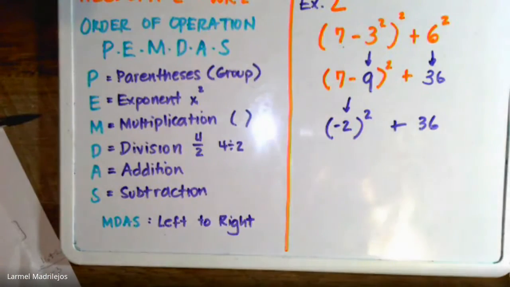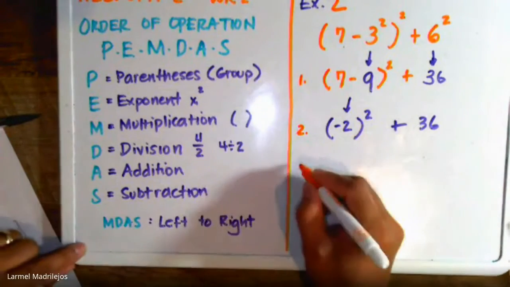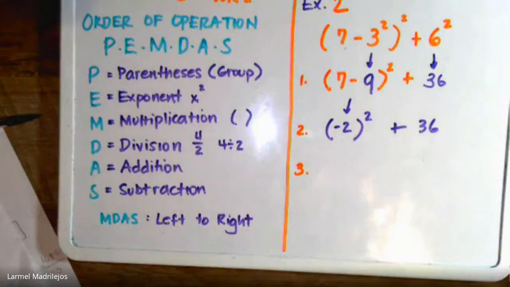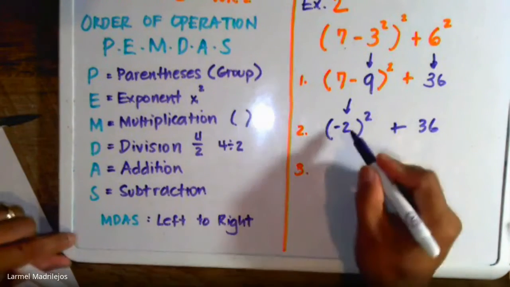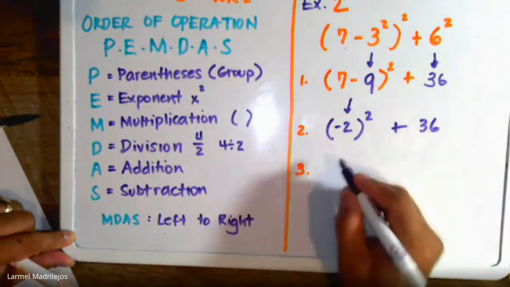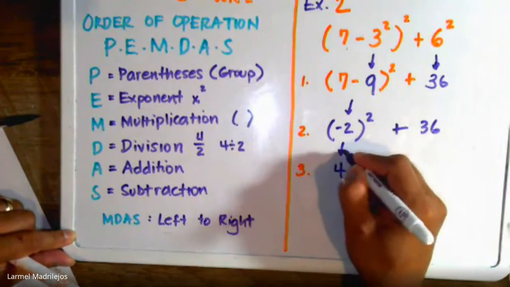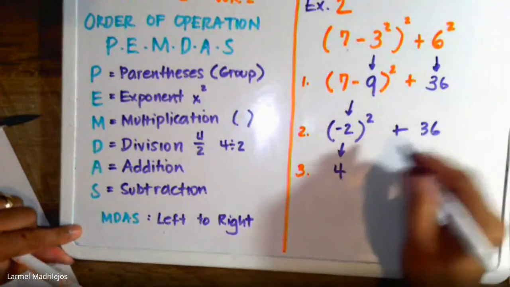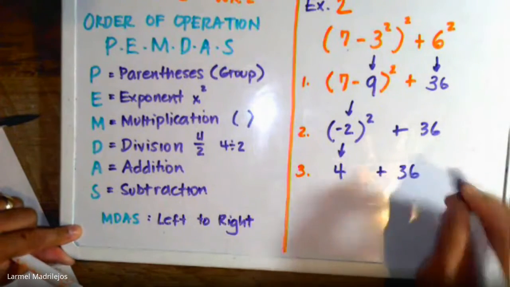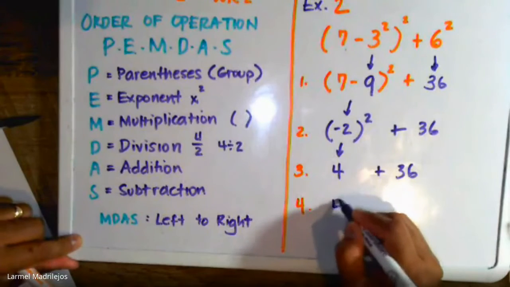So on the third step, I still have parentheses and need to deal with them. This is negative 2 times negative 2. A negative times a negative turns to a positive, but I don't need to write that. 2 times 2 makes 4. Copy this number here, 36. The last step is you just need to add: 4 plus 36 is 40.